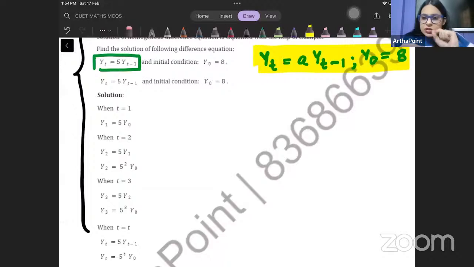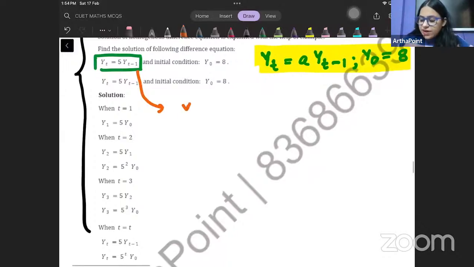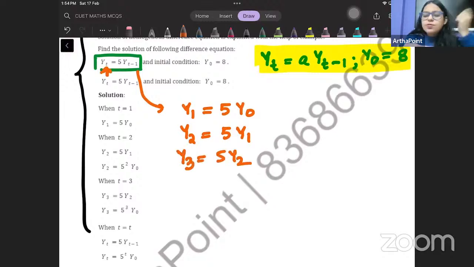अब एक बार जरा थोड़ा सा solve करके देखो, अगर मैं यहाँ पे values plug in करना start करूँ, if I start plugging in the values, तो मुझे क्या मिलेगा? If I put t as 1, तो ये हो जाएगा y1 is equal to 5 y naught. If I put t as 2, तो मुझे मिलेगा y2 is equal to 5 y1. If I put t as 3, तो मुझे मिल जाएगा y3 is equal to 5 y2.